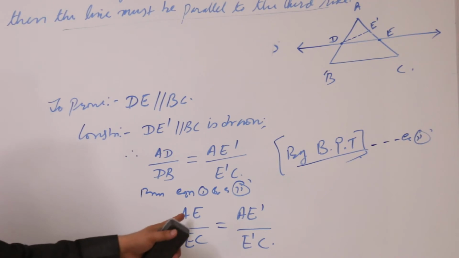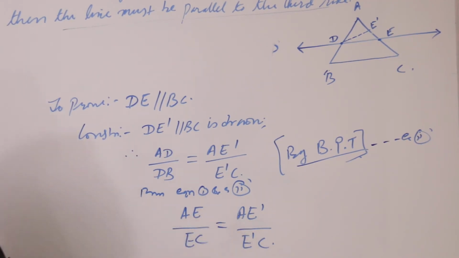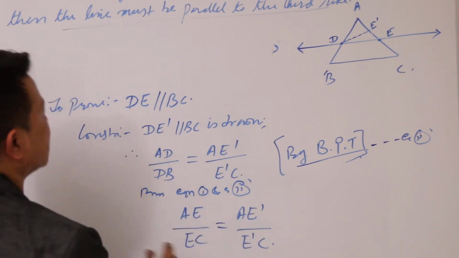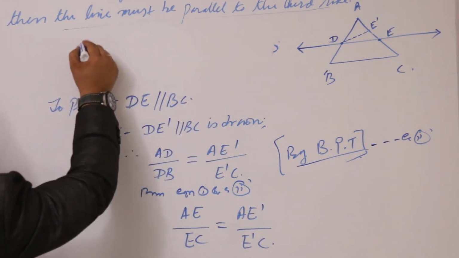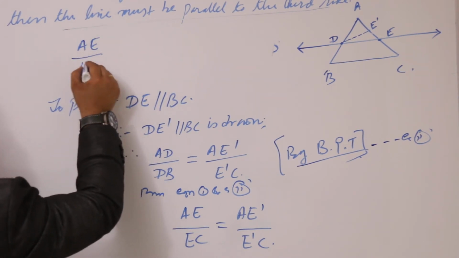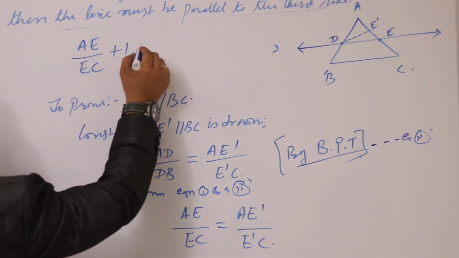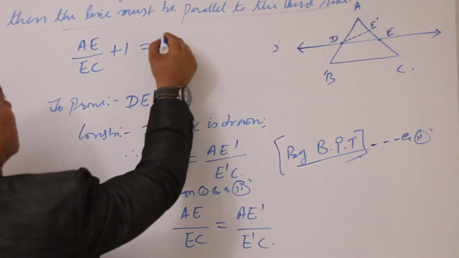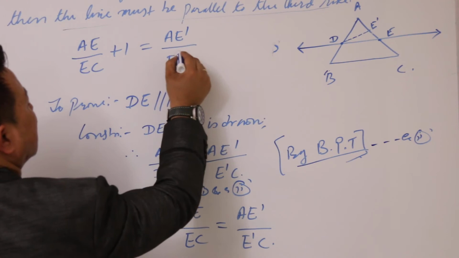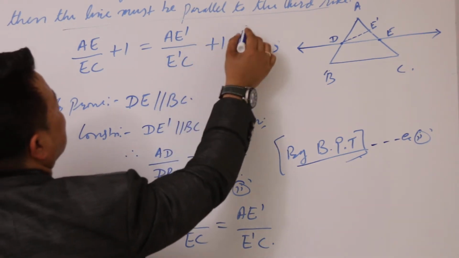Adding 1 on both the sides, we get AE by EC plus 1 equals AE' by E'C plus 1.